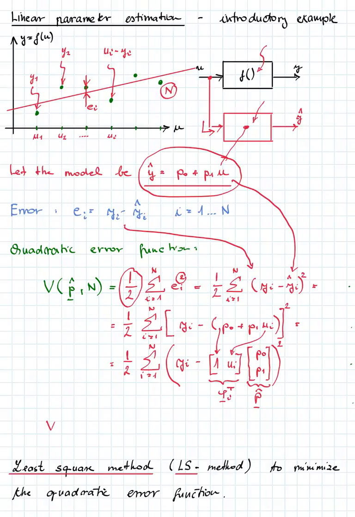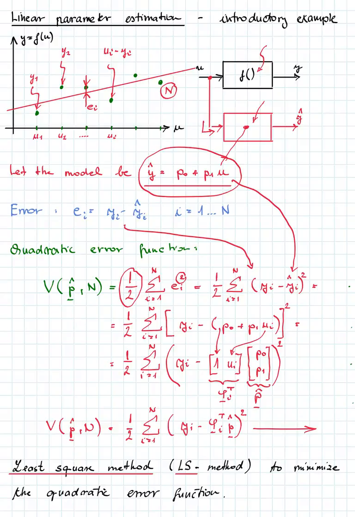So in this case, the quadratic error function, in the general way, we can obtain as follows: 1 over 2, the sum from 1 to n, y index i minus phi i transpose p hat, squared. And this is what we are going to work on in the future lectures.